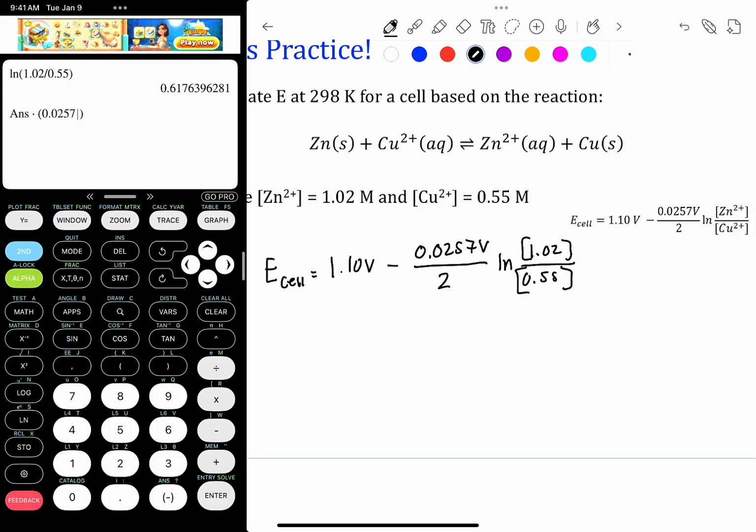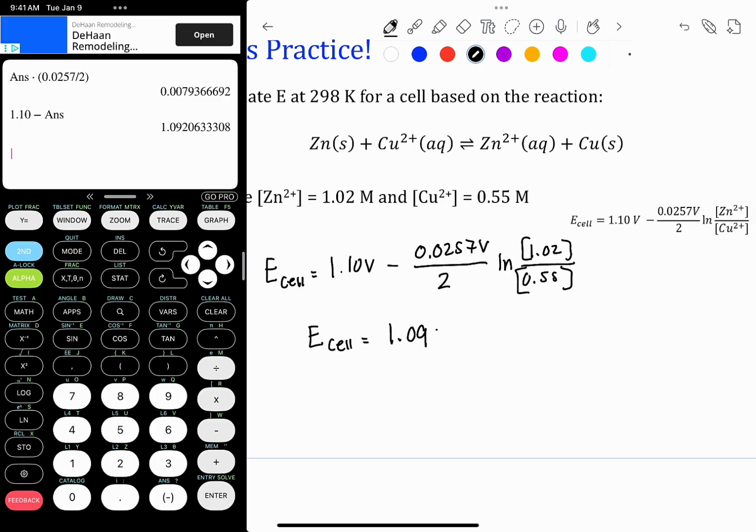So multiplied by that. And then I will do my 1.10 minus that answer. So we get an E cell at our non-standard conditions of 1.09 volts. So 2 decimal places to match our 2 decimal places with our other voltage. We want to have these significant figures match our original E cell at standard conditions.